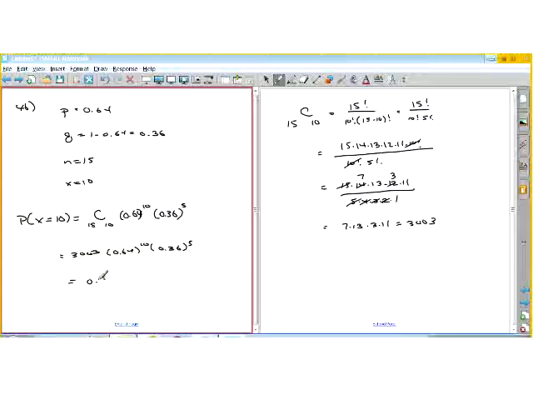And I get 0.209. So that's the probability of getting 10 out of 15. If you choose 15 people randomly, the probability that 10 of them will be favorable is 0.209.